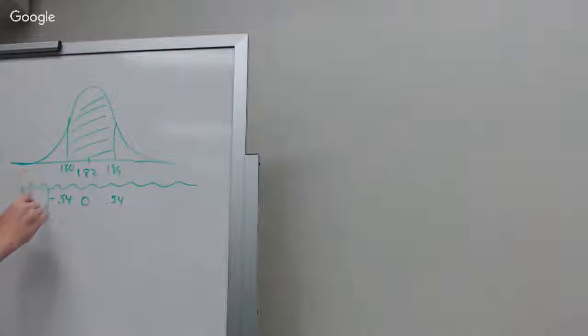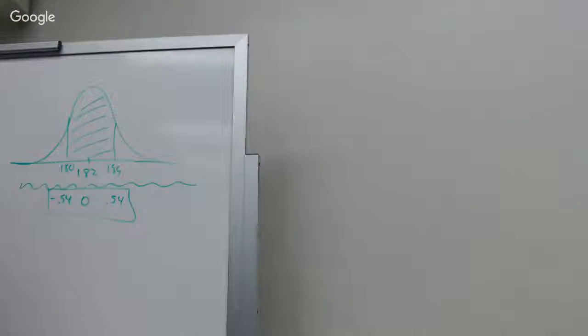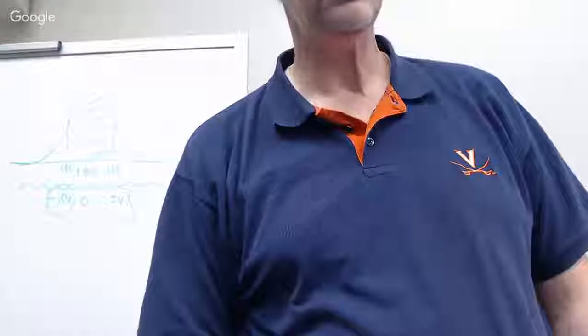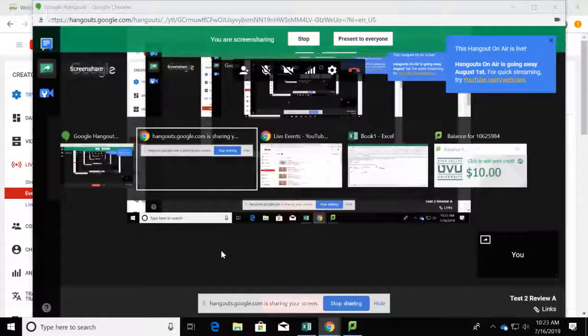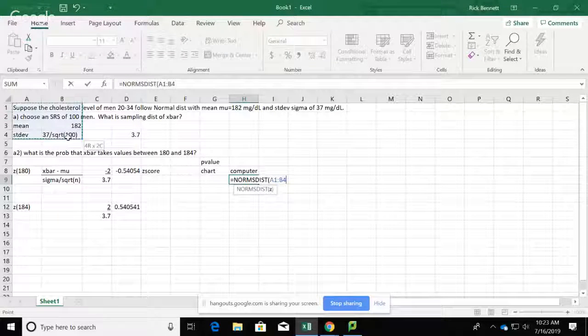Now, because I've converted it to this scale, I can use either the chart or I can use the computer information, okay? How did I get the negative 0.54? All right. Now I'm going to share my screen for the first time today. Although you all saw it, it wasn't recorded. Okay, so I did this math here.